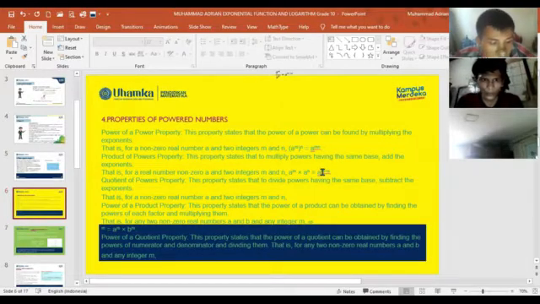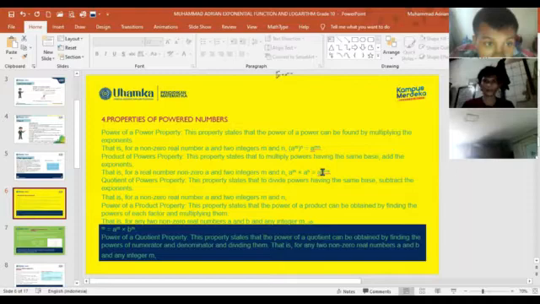Number 4, properties of power numbers. Power of a power property.